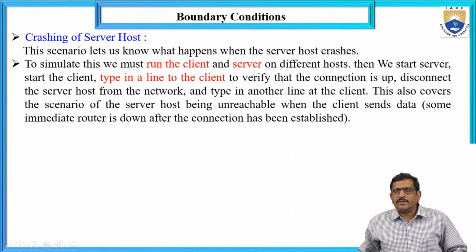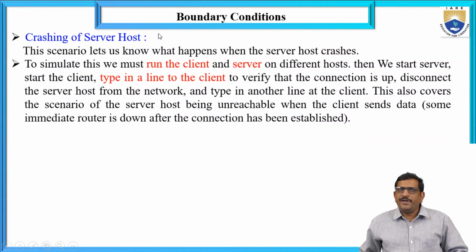To verify that the connection is up or down, disconnect the server host from the network and type another line at the client side. This also covers the scenario of the server host being unreachable when the client sends the data.